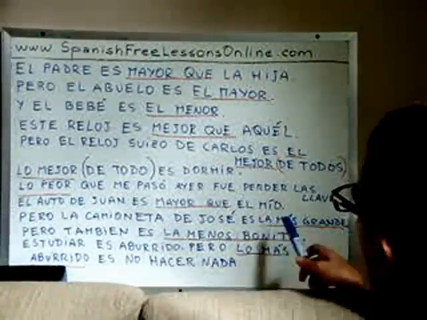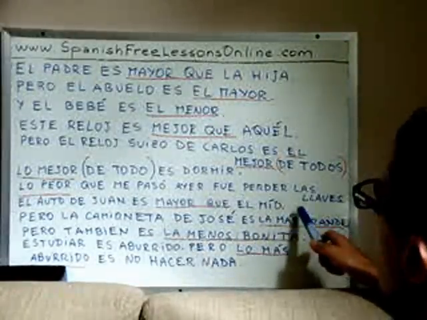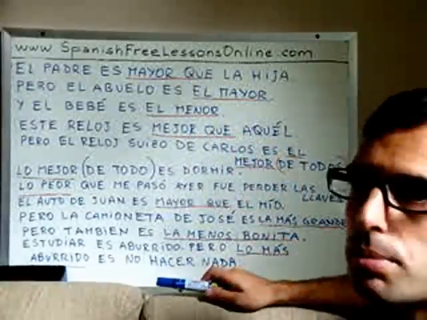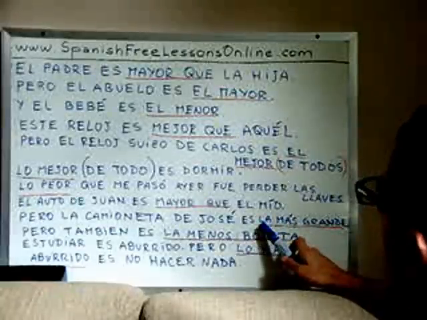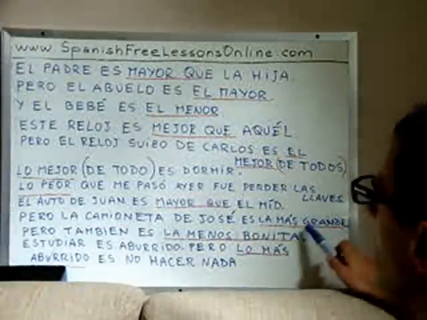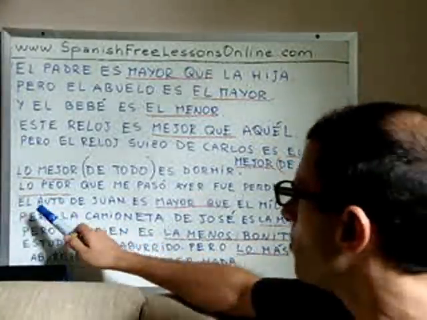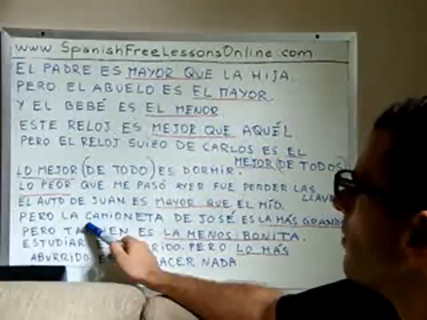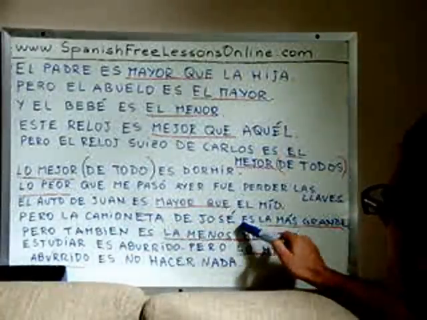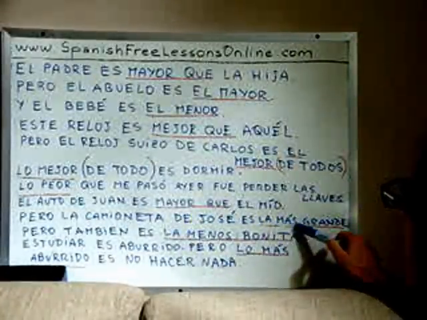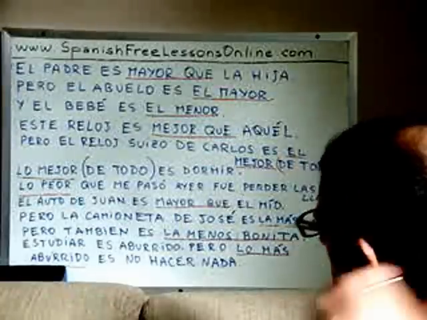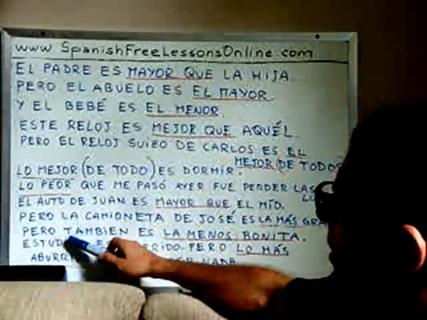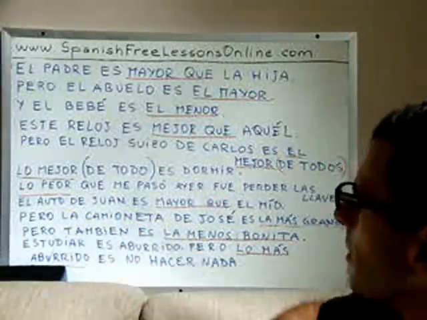To be more, it would be más and que, like mejor que, when you're comparing two things. Here it's superlative, la más grande, the biggest. So this would be, but the van of José is the biggest. Okay, so we've seen it, we read this again. También means also.